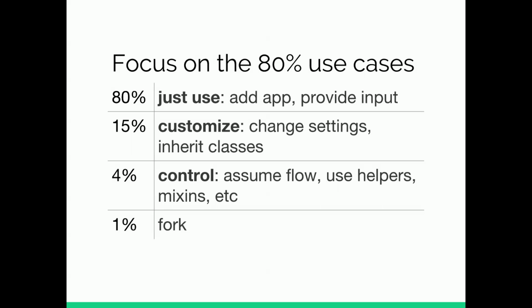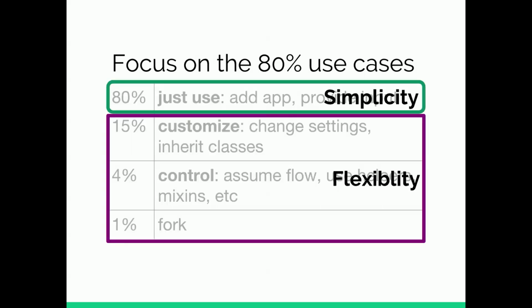But there will always be 1% that we can never cover, and for those kind of users, unfortunately, they'll have to fork and make a pull request or something. And this means that for the 80%, we are talking about simplicity. And we will simplify these 80% use cases, while for the other 20%, we are talking about flexibility. And we'll see how to work both on simplicity and flexibility.